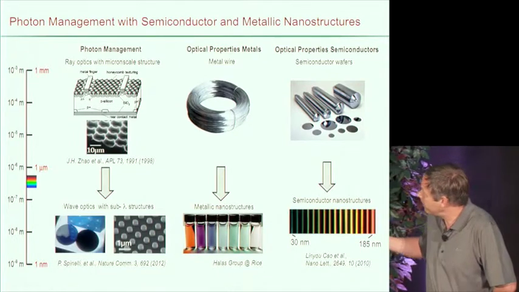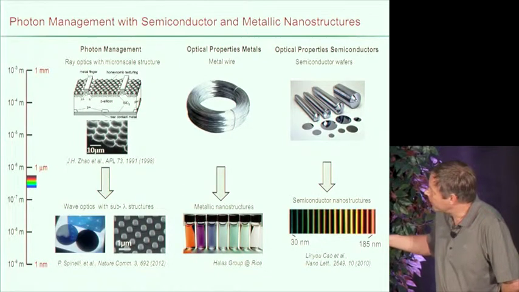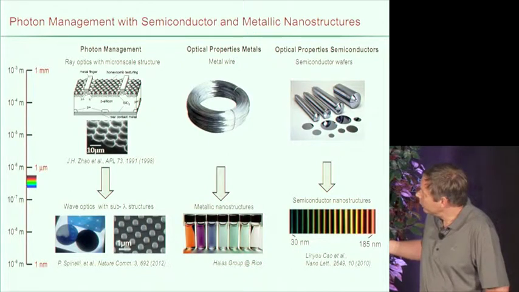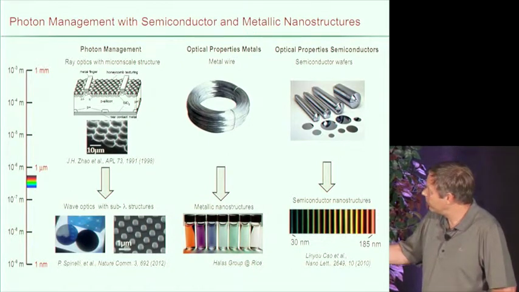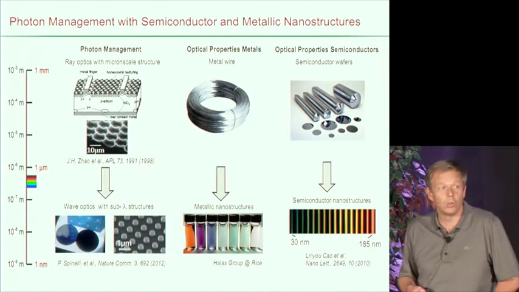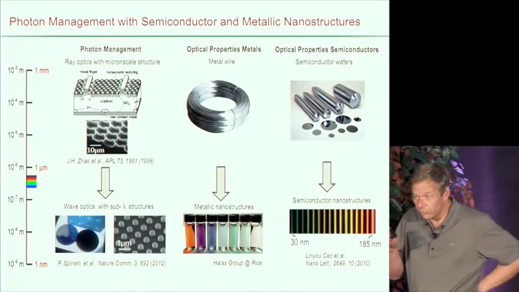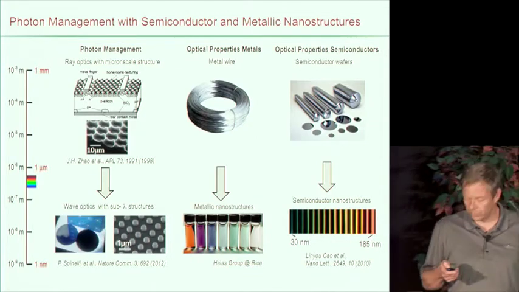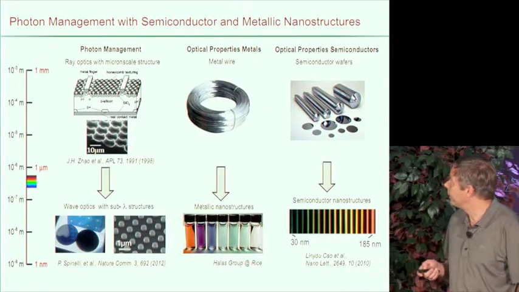But as you break them up into nanostructures, metallic particles or semiconductor wires in the size range of a few tens of nanometers to a few hundreds of nanometers, you notice that when you shine white light on them, they have very different colors. The metals can be tuned in their light scattering and absorption properties all across the visible, and the same holds true for semiconductors. So by controlling the size and shape of metals and semiconductors, we can alter the way light interacts with them.